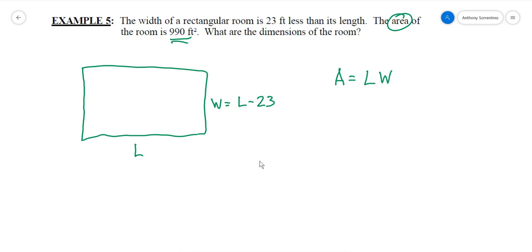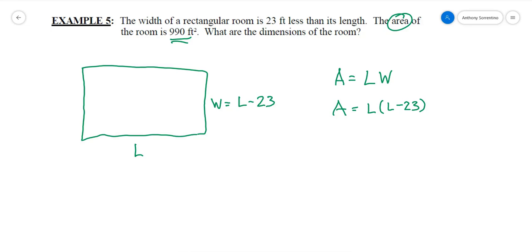They expect you to remember that from your grade school days because it's something you do talk about in several courses of math in elementary school, and if you had any high school geometry, you've certainly seen it again. But in this case, my length is L, my width is L minus 23. So that's my formula for this.